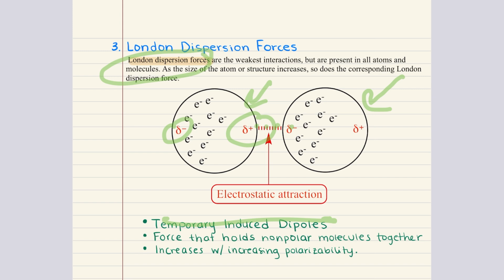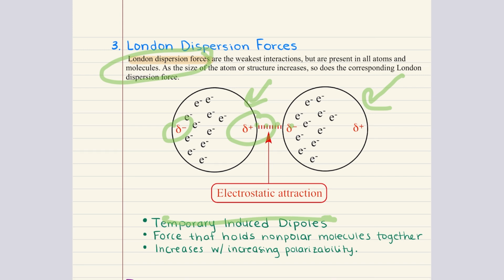Larger molecules experience stronger London dispersion forces. The larger the electron cloud, the easier it is to distort, which means the easier it is to create a strong temporary dipole. This is why boiling points increase as molecules get larger, even in nonpolar substances.